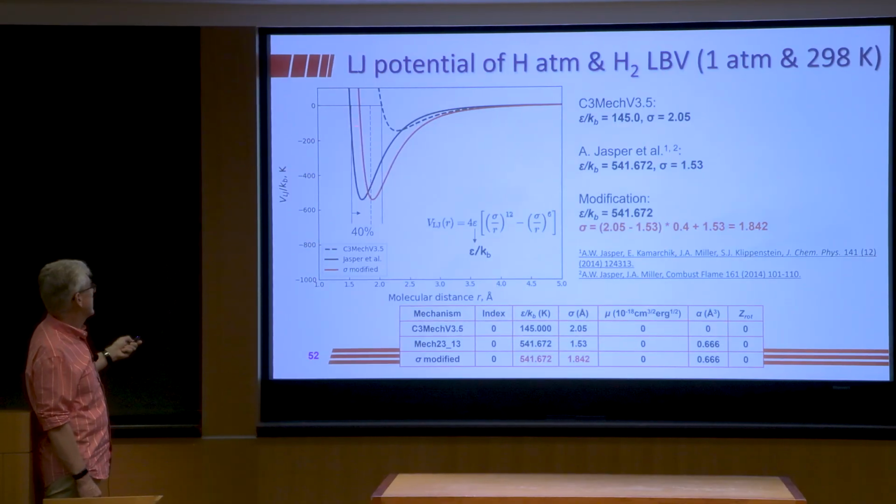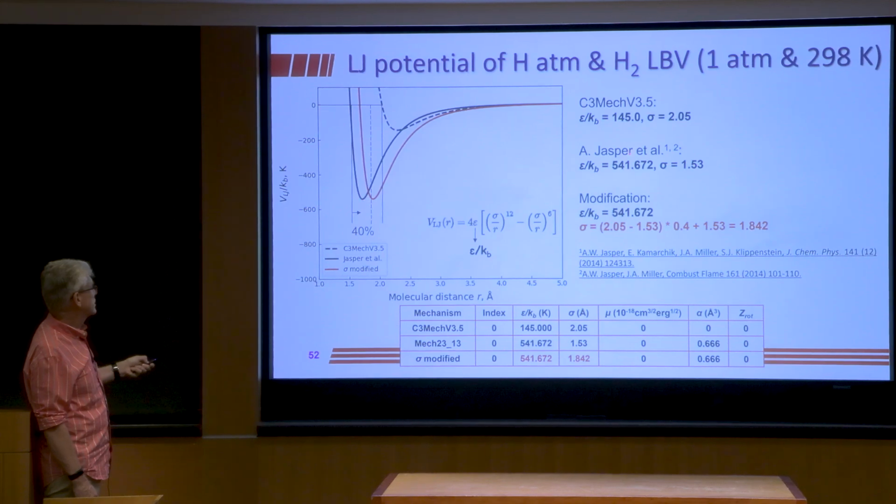So sigma that was calculated by Ahren Jasper was 1.53. Okay, so the calculated sigma is 1.53. The energy well depth, I should say, is 541.67.